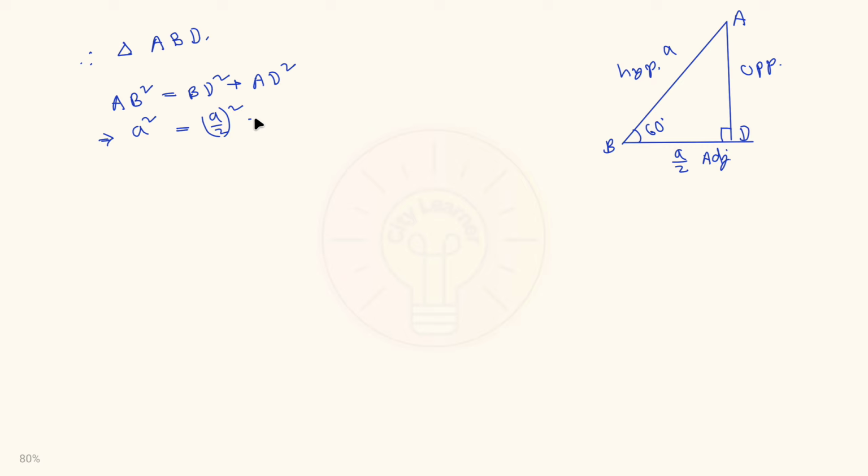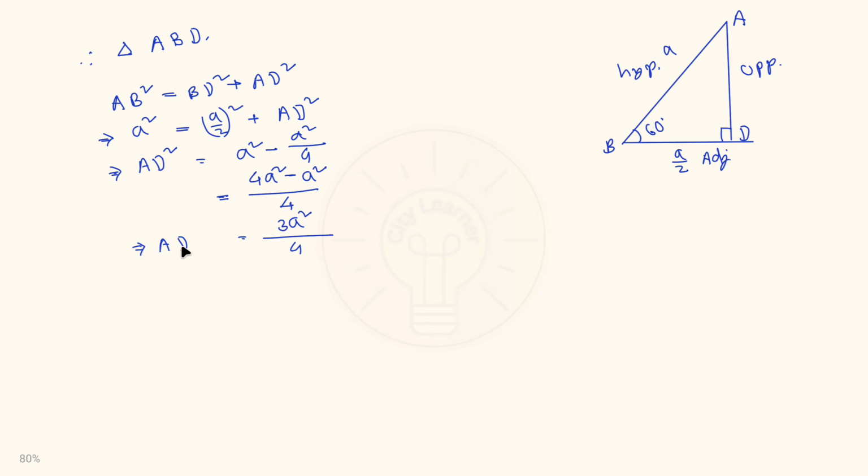AD square is A square minus A square by 4. Now simplify it: 4A square minus A square by 4, that is 3A square by 4. That is AD square. That means AD is equal to root 3 into A by 2, if you take the root. So we find out the value of AD is equal to root 3 A by 2.